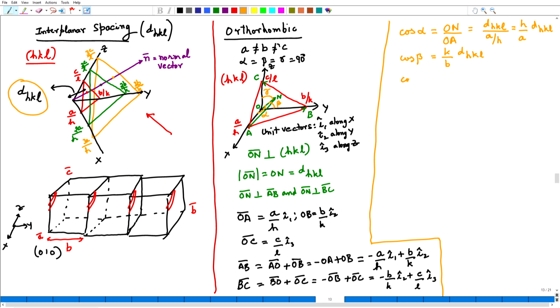Analogously, cos gamma is going to be l upon c times the interplanar spacing d_hkl.